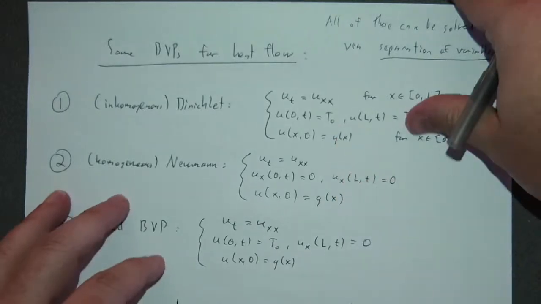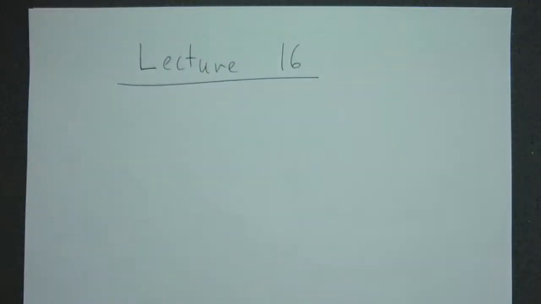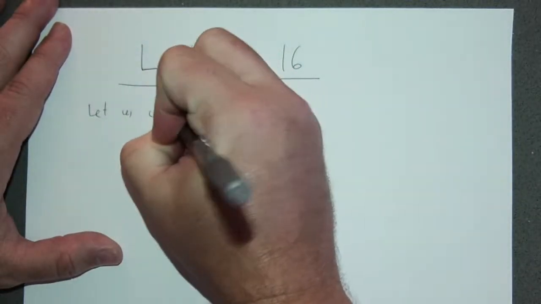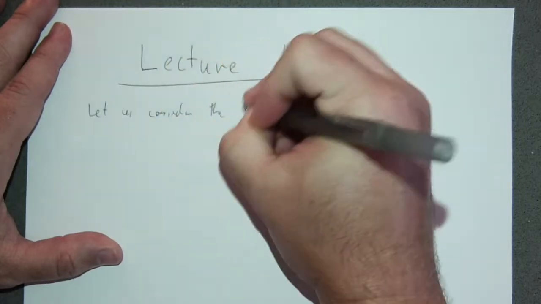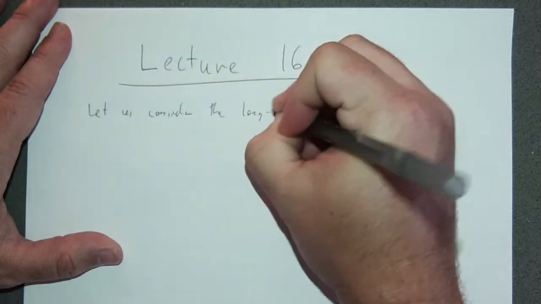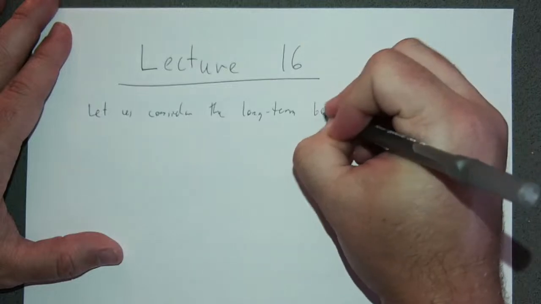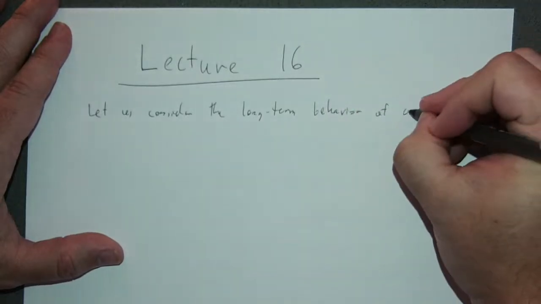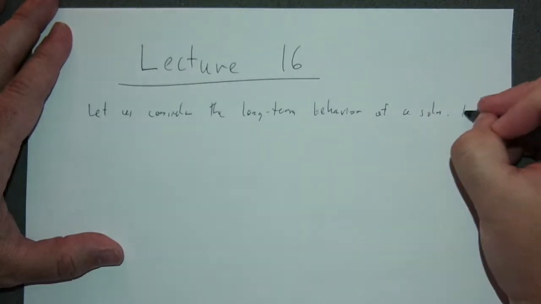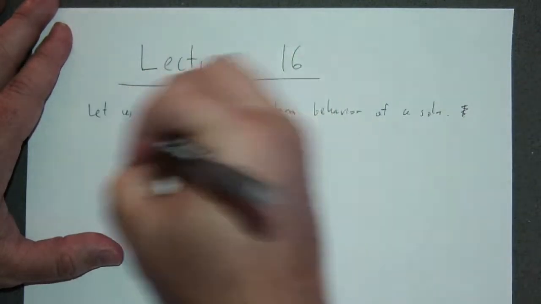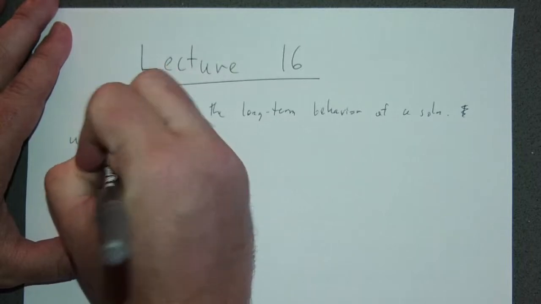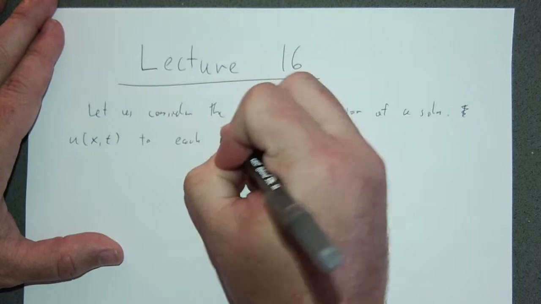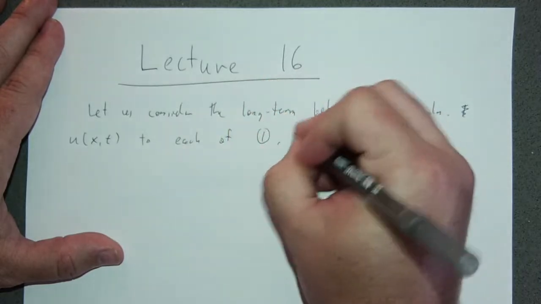So in order to see that, let us consider the long-term behavior of a solution, say u(x,t), to each of 1, 2, and 3.